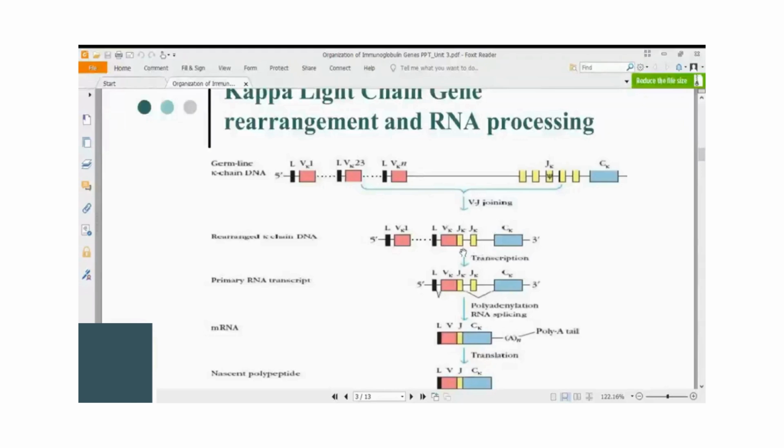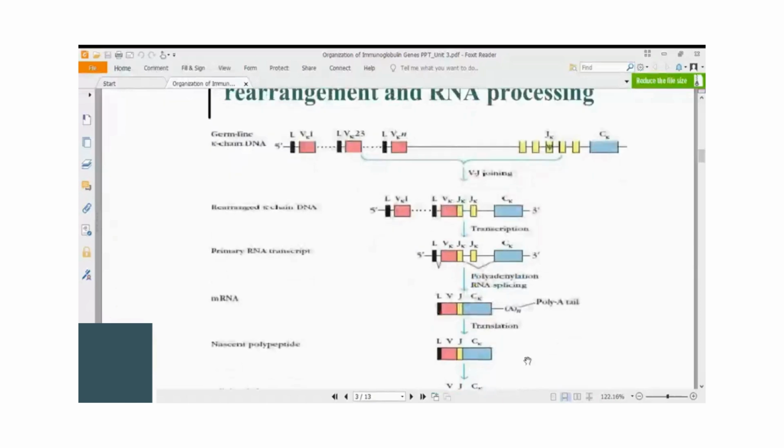So the final product that is going to be produced is a transcript, that is the messenger RNA, which will have the final combination of the exons that are ready to be transcribed and translated into a polypeptide.